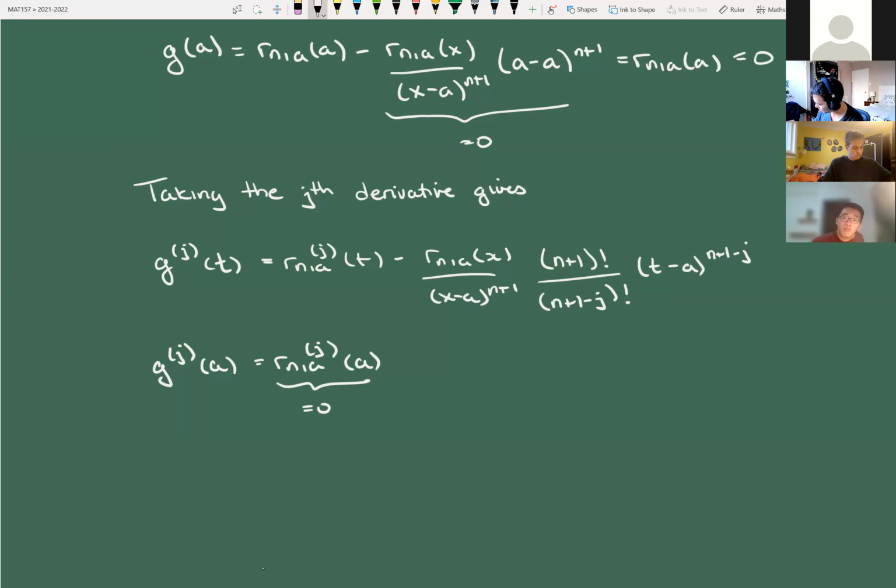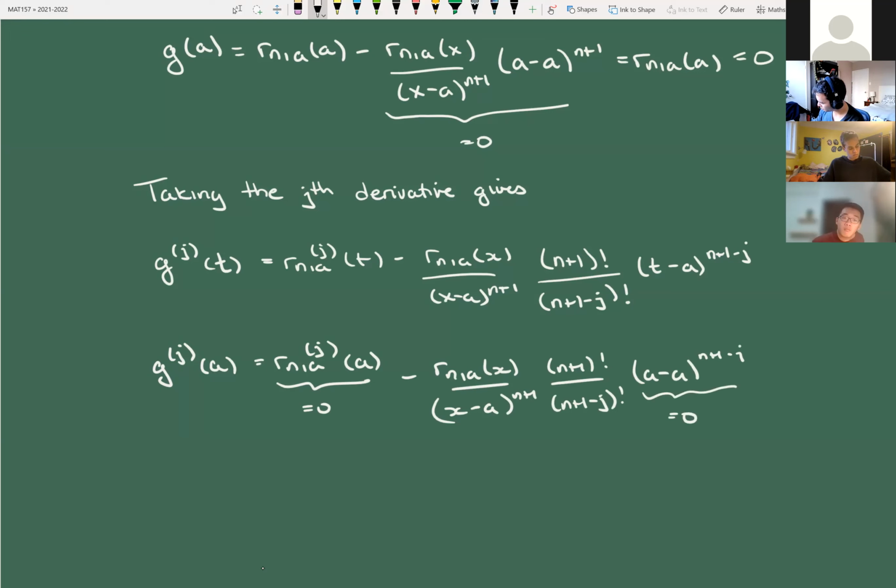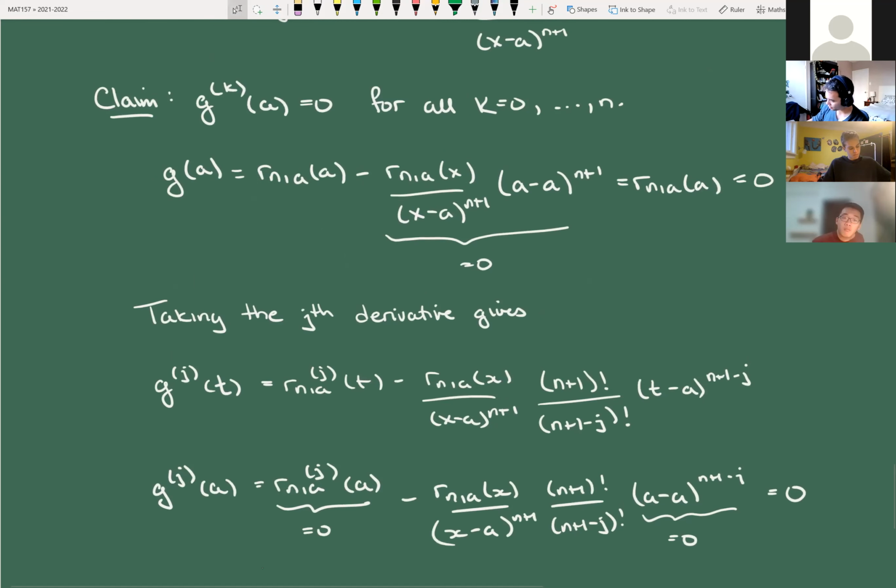And then again, when I plug a into the right-hand side, it's guaranteed that this exponent here is not 0, right? So this thing is also 0, because my claim is that this holds for up to n.